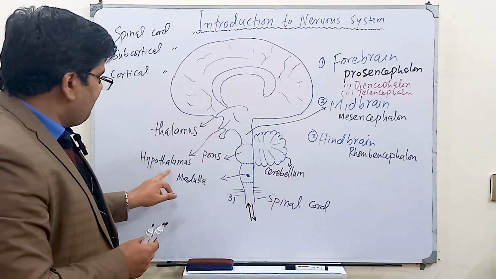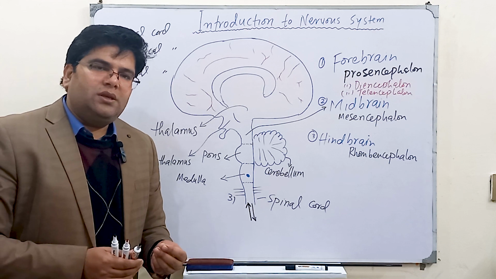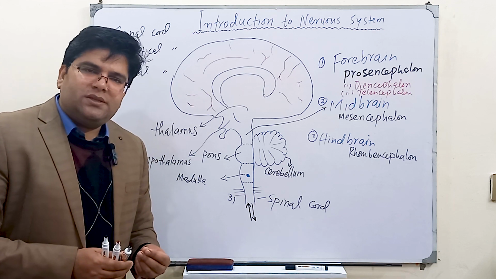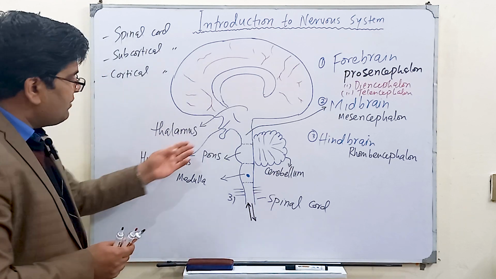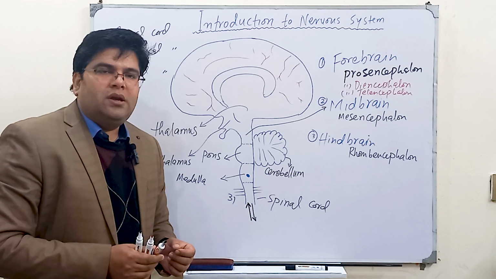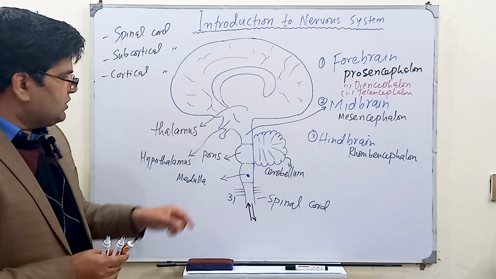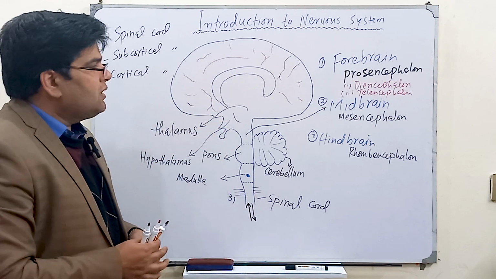If you talk about hypothalamus, hypothalamus is important to control the functions of body like water balance, food intake, our temperature regulation. Hypothalamus is also a very important structure which regulates your endocrine functions, because hypothalamus has connections with our pituitary gland.